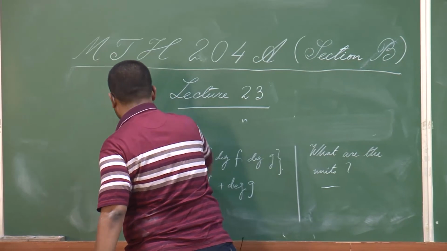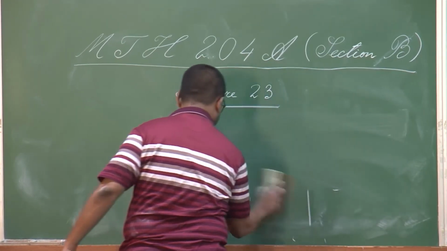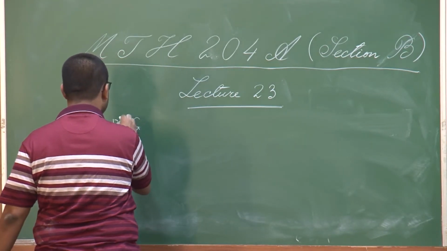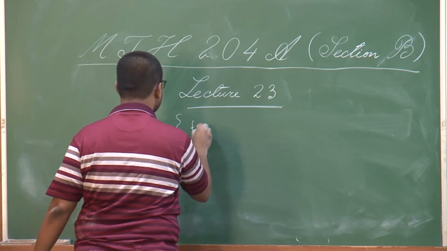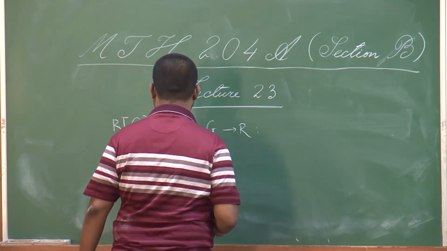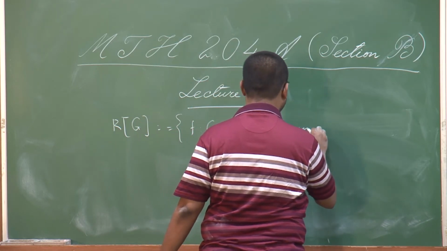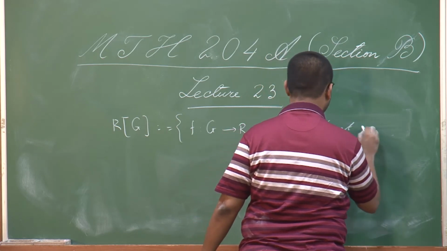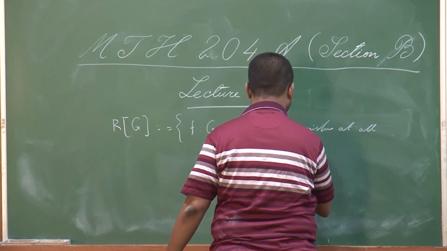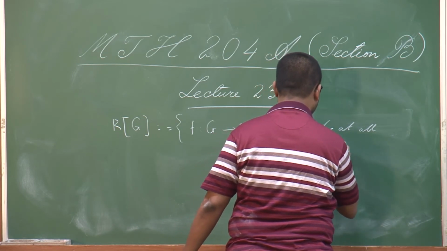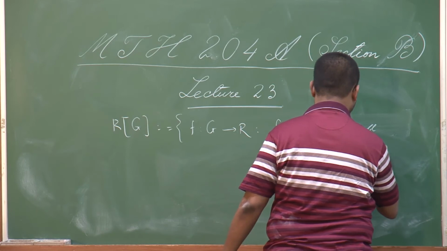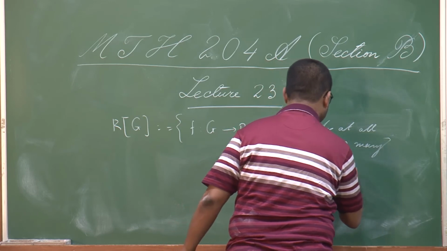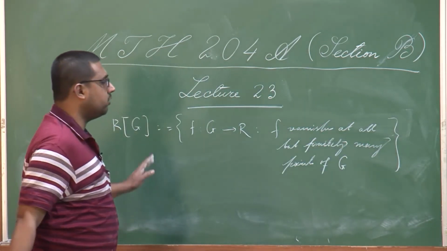So, the general definition of a group ring for any group G: RG is basically the collection of all functions f that vanish at all but finitely many points of G. So, this is the collection we are going to consider.